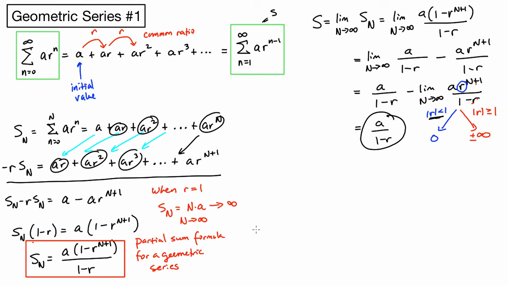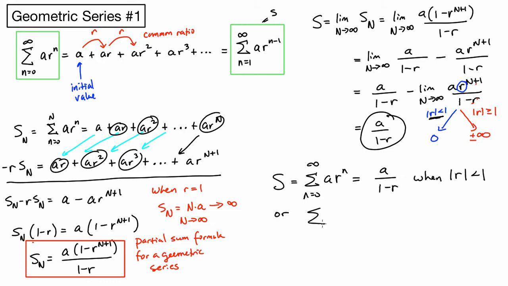So summarizing this, basically what we have is that the sum of the geometric series is given by this formula a over 1 - r, precisely when the absolute value of r is less than 1.